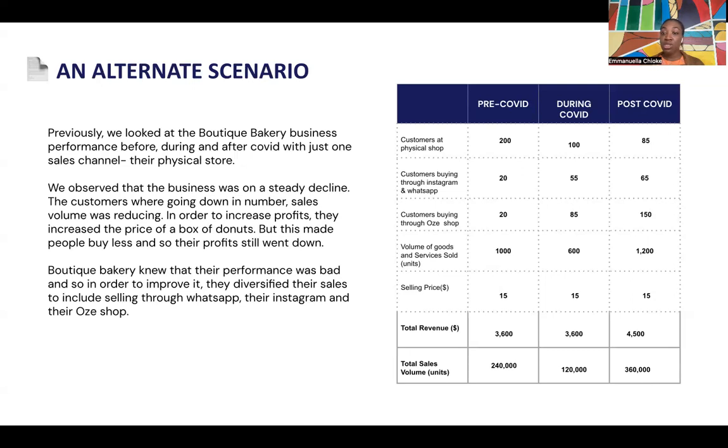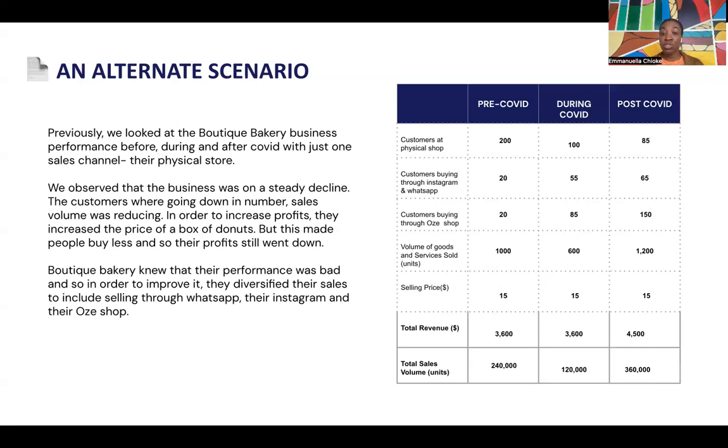And let's see how much more differently they performed during COVID and post-COVID, right? So the three things that have changed here is now we have slightly more customers, right? We have customers that we're acquiring through Instagram and WhatsApp, and pre-COVID, that was about 20 customers. And we have those that we're acquiring through Ozy Shop, that is also about 20 customers.